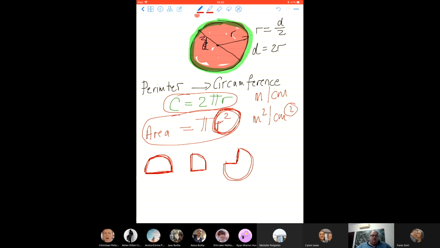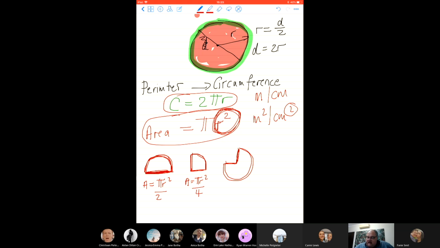Now, how on earth do I get 3/4 and a half and a quarter of a circle? Let's say I work out area here. It's going to be pi times radius squared, but because it's only half a circle, I'm just going to divide it by 2. In this one, it's pi radius squared, but that's only a quarter circle, so I divide that by 4. The same with the circumference: I do the circumference and divide it by 2, or divide it by 4.